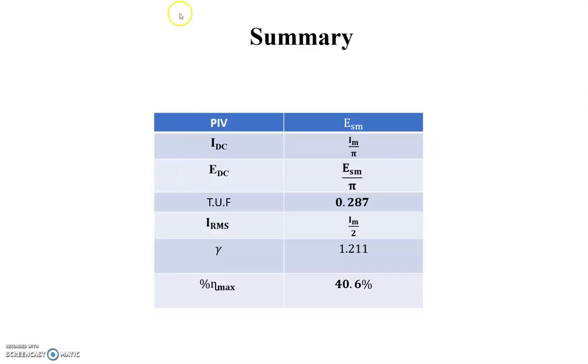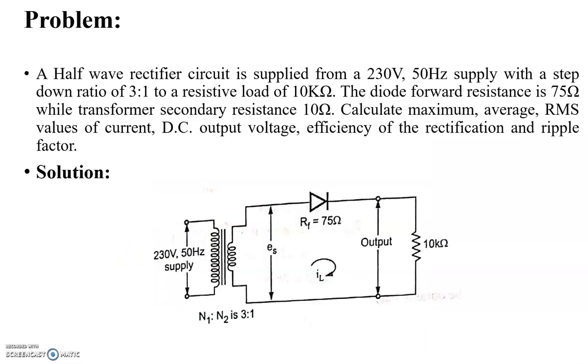Next one, a summary of these derivations. This summary will help you to work out the problems in EC. So let us move on to the problem. The problem statement is: a half-wave rectifier circuit is applied from a 230 volts 50 Hz supply with a step-down ratio of 3:1 to a resistive load of 10 kilo ohm.